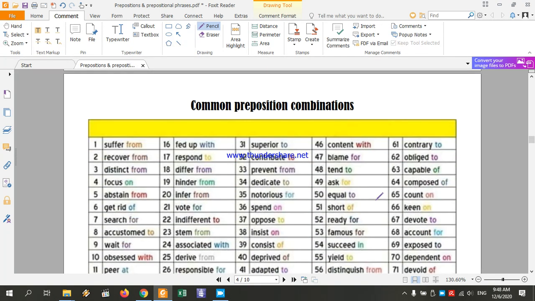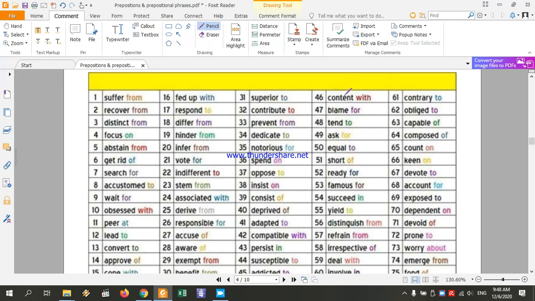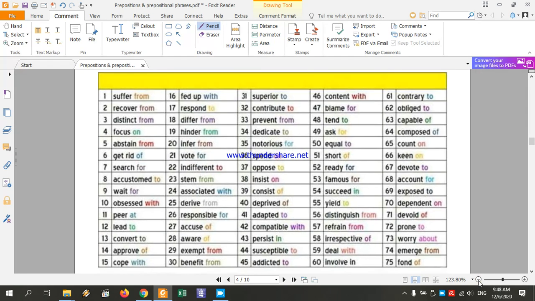Here I compiled some very common preposition combinations that you need to familiarize yourself with. You need to read and maybe highlight the ones that you think are a bit difficult, the ones you need to work on more.